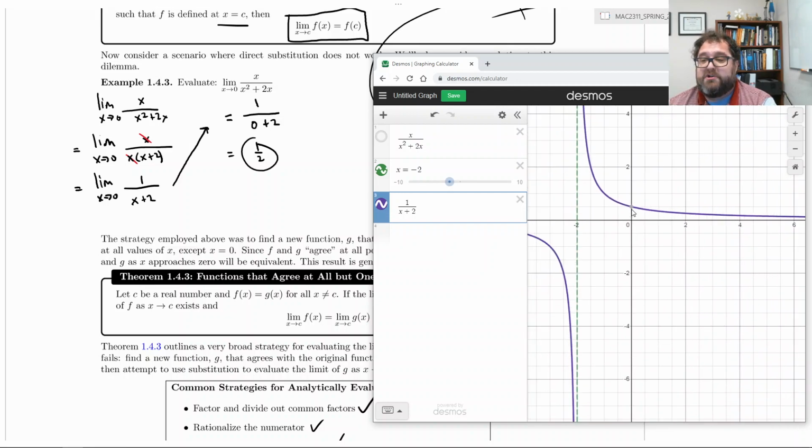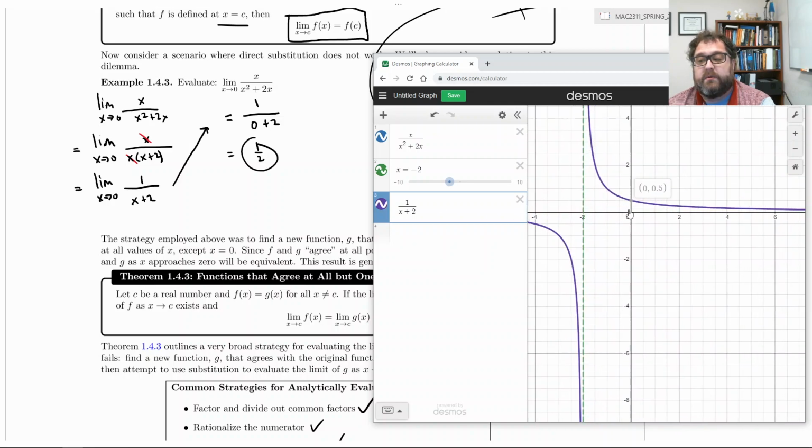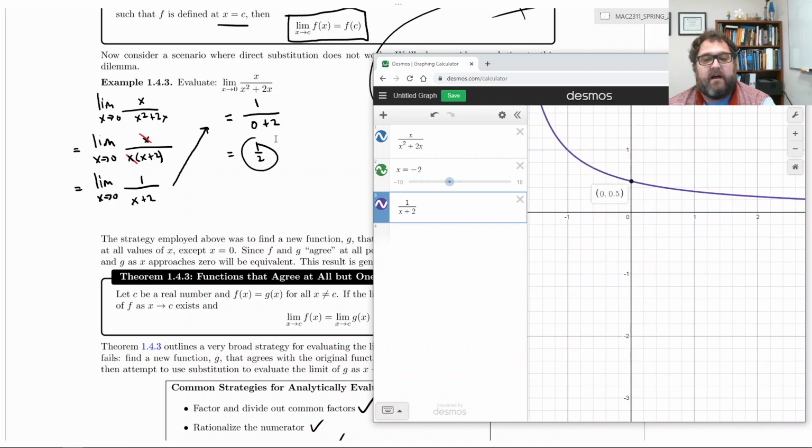We found a new function, this new purple function, that coincides perfectly with the original function everywhere except at x equals 0. And that means that once we rewrite, we call this new purple function g, the limit of g of x as x approaches 0 will be equal to the limit of f of x, the original function, as x approaches 0, and they are both equal to 1/2, which we found via direct substitution on the simplified version.